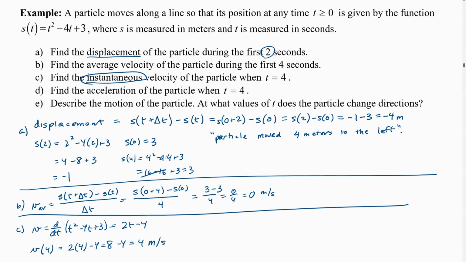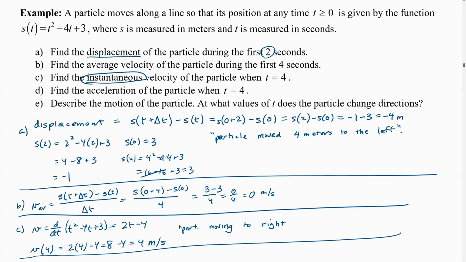And again, that's also going to be meters per second. So at the instant that we're at time equal 4, the particle is moving with positive velocity, so it's moving to the right at an instantaneous rate of 4 meters per second.